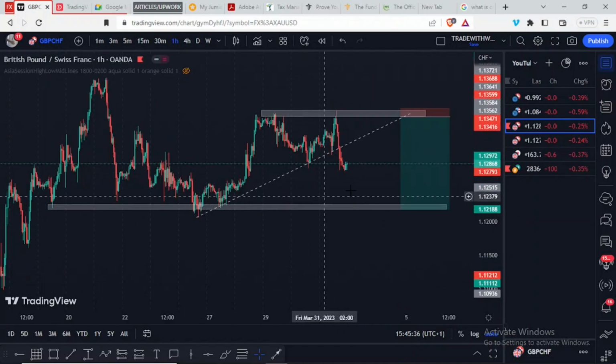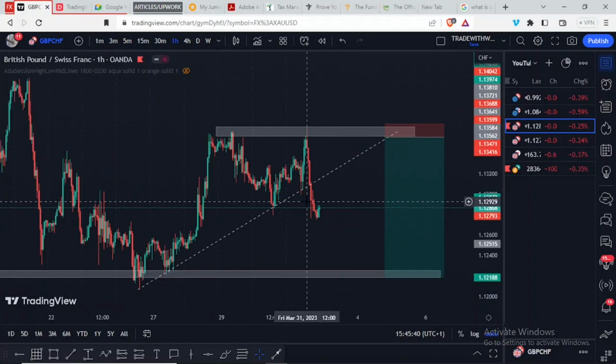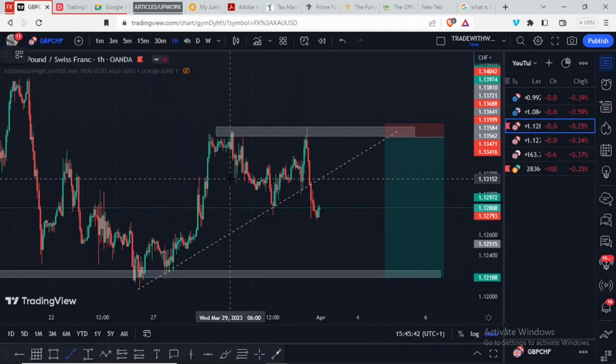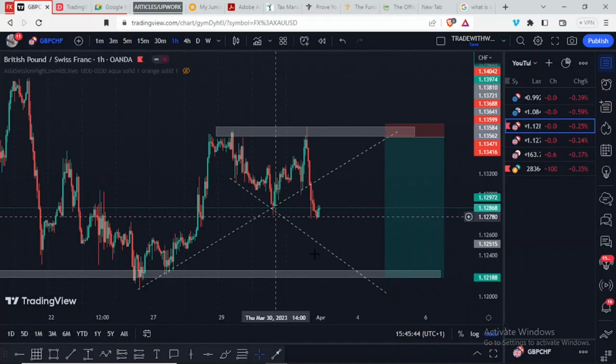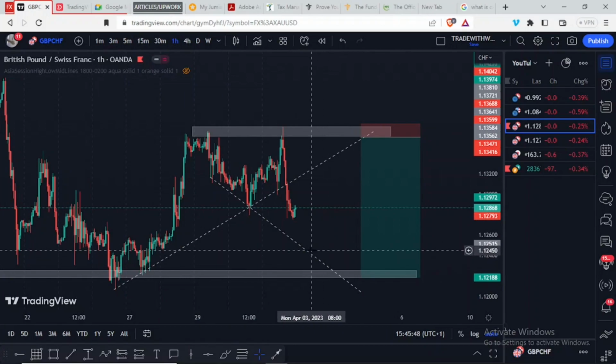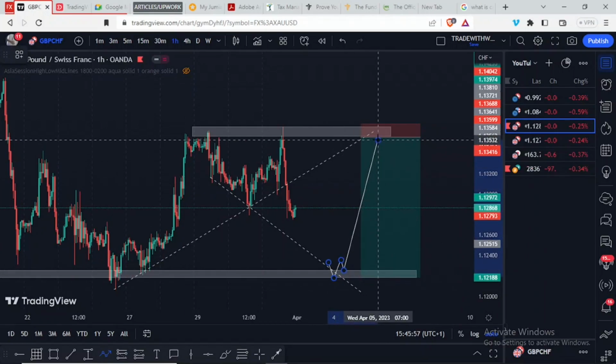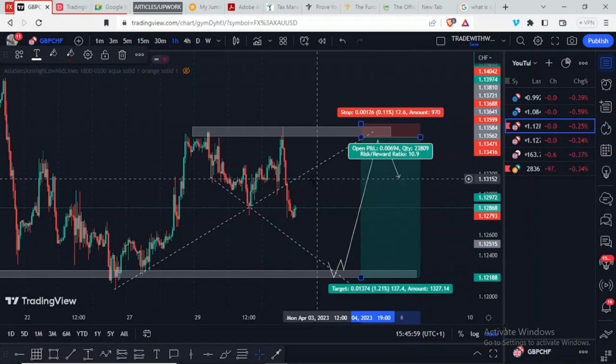Okay, now we have a support zone over here, using trend line over here too. Now this buy, you can look for buying opportunities here on this line, exactly on this line. This buy is more like a counter trend buy that would push us into this selling region.